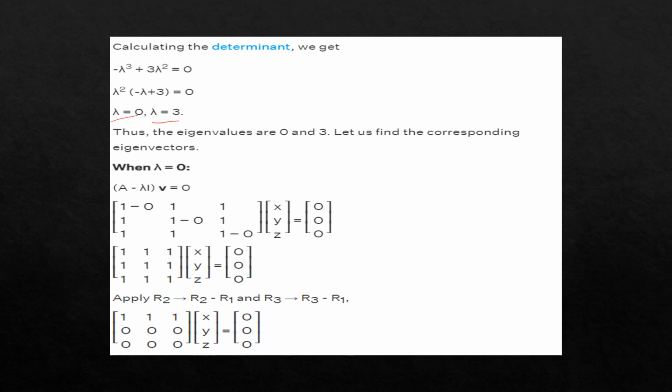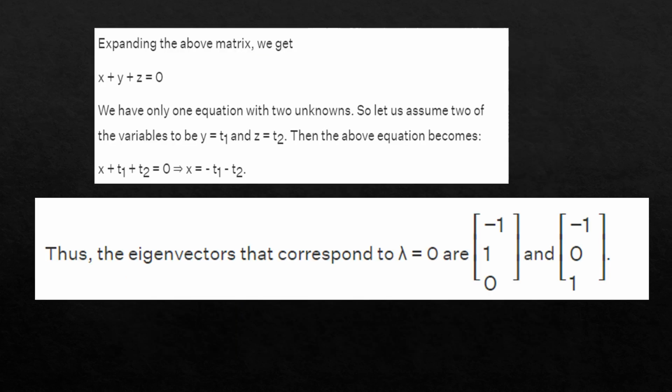So for lambda equal to 0, this gives me three same equations: x plus y plus z is equal to 0. So I need to reduce this matrix, and by reducing this matrix I get the relationship x plus y plus z is equal to 0. Again, I need to make some assumption, because from one equation I cannot get the value of three variables.